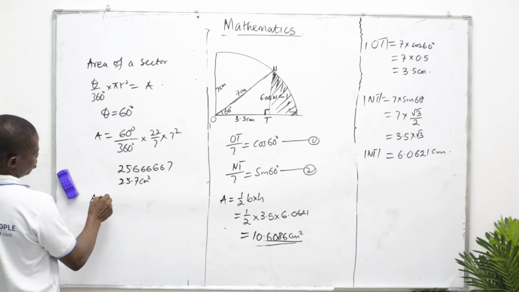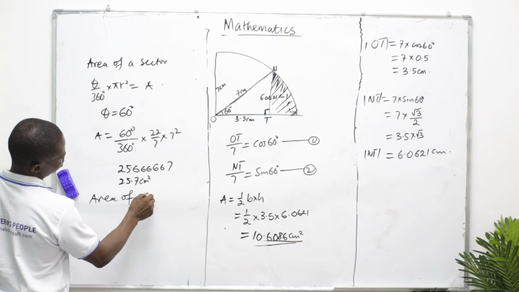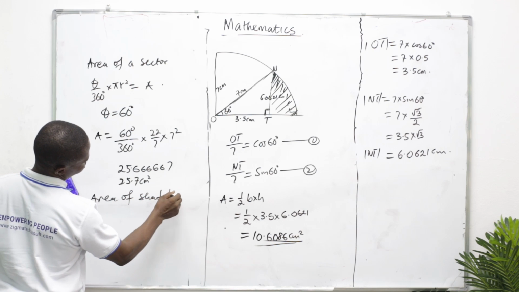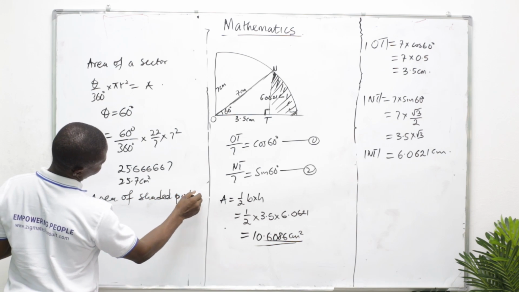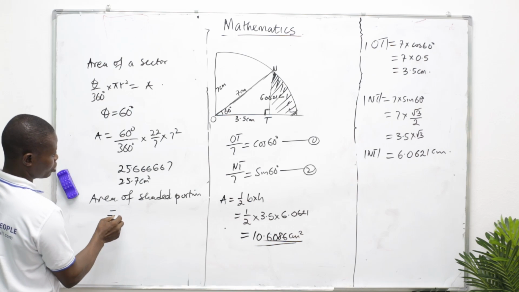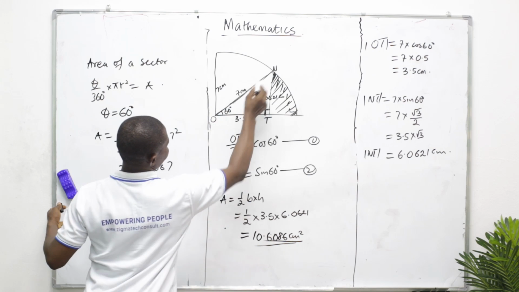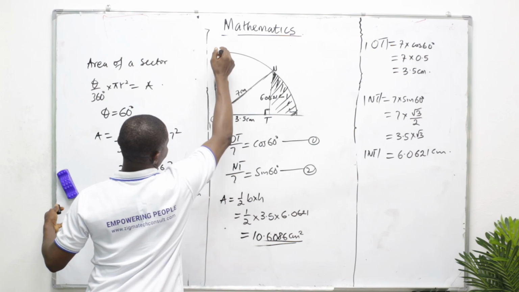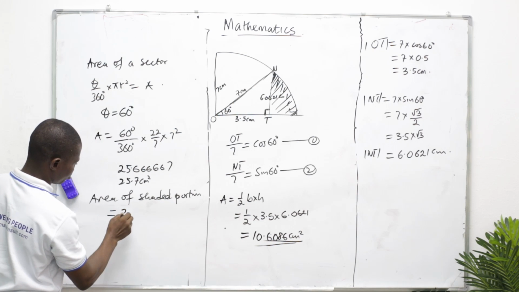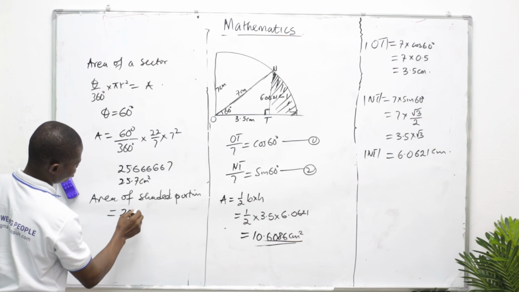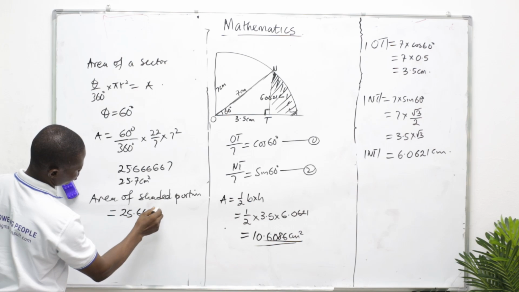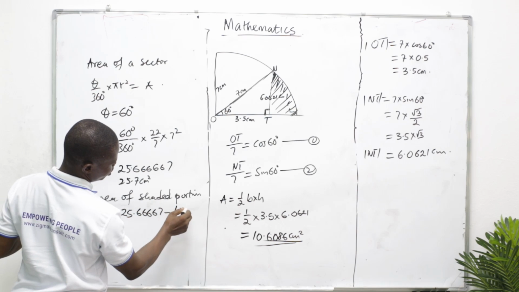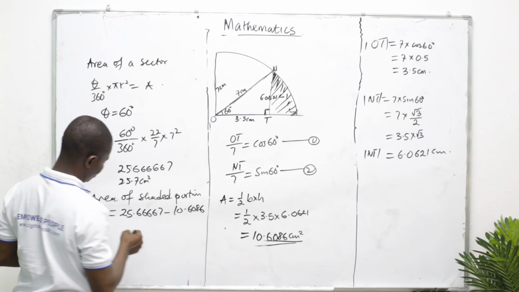Now area of shaded portion equals, this is this sector here, not this one. That is 25.66667 minus 10.6086.